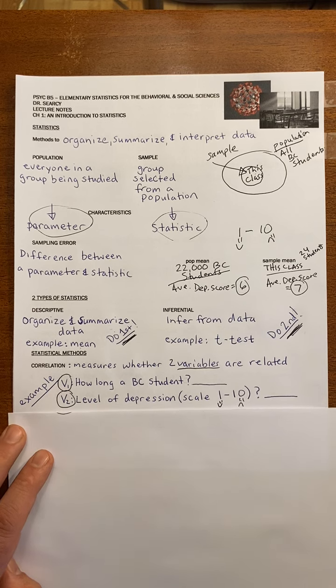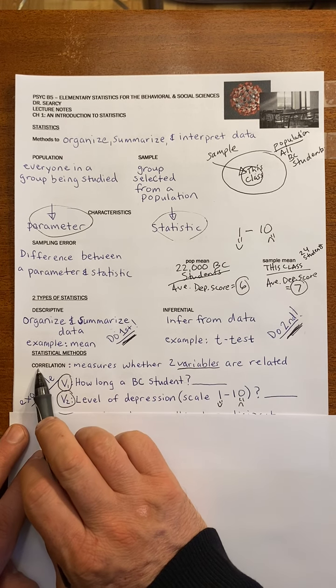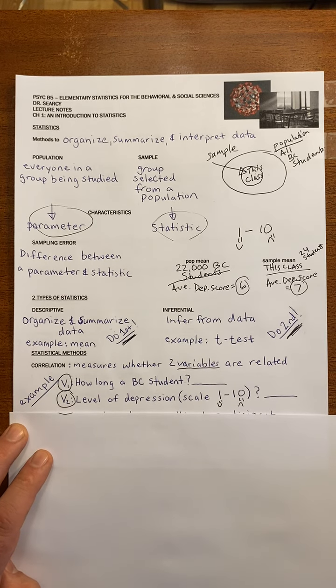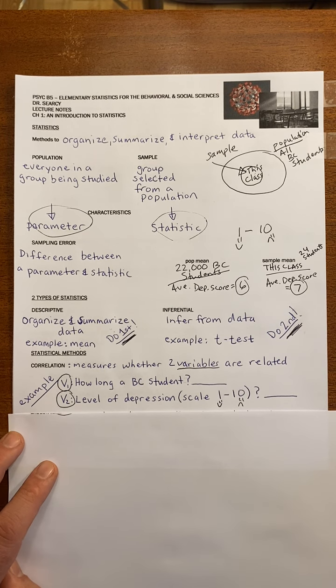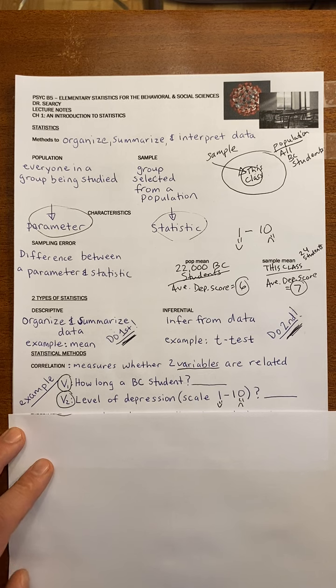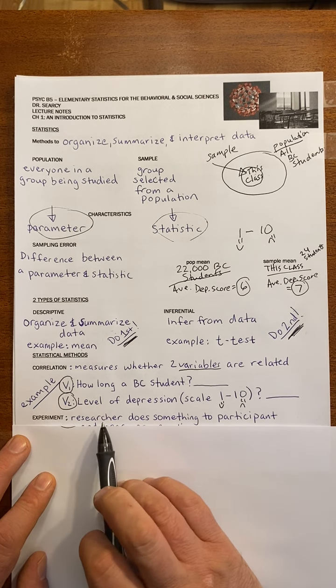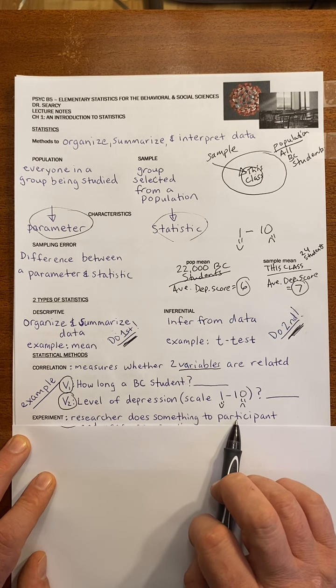Okay, so we've just talked about one type of statistical method, the correlation, and we've gone over the example of how it would work. Let's now talk about a second type of statistical method, and that is the experiment. Here, I'm defining it as where a researcher does something to a participant.